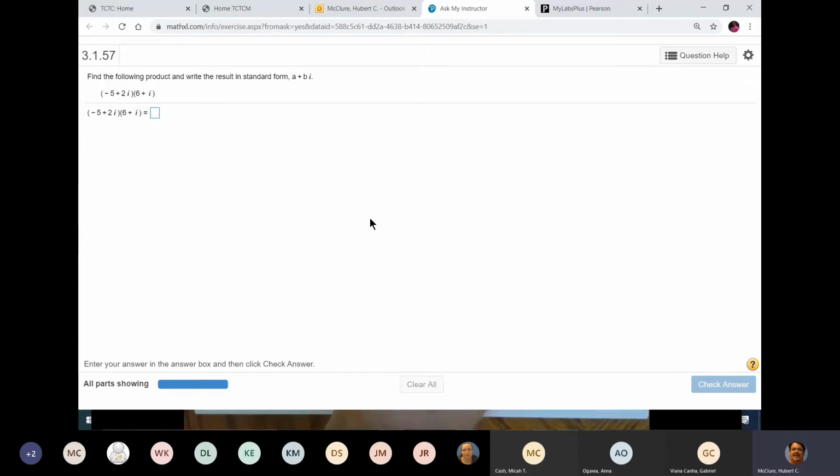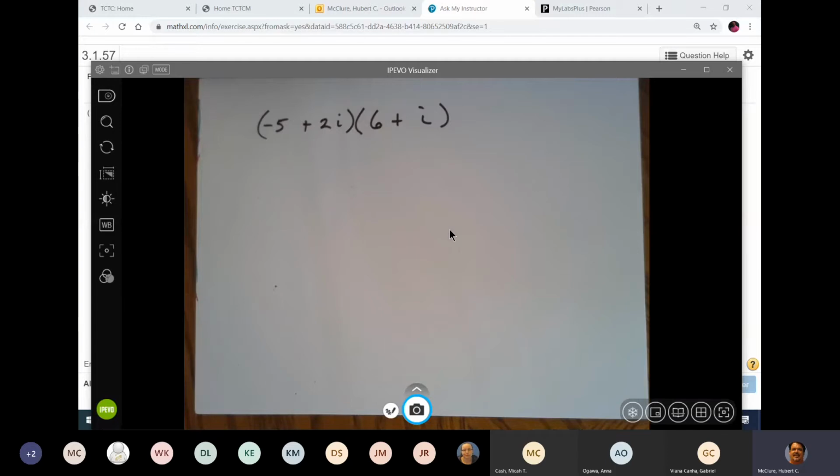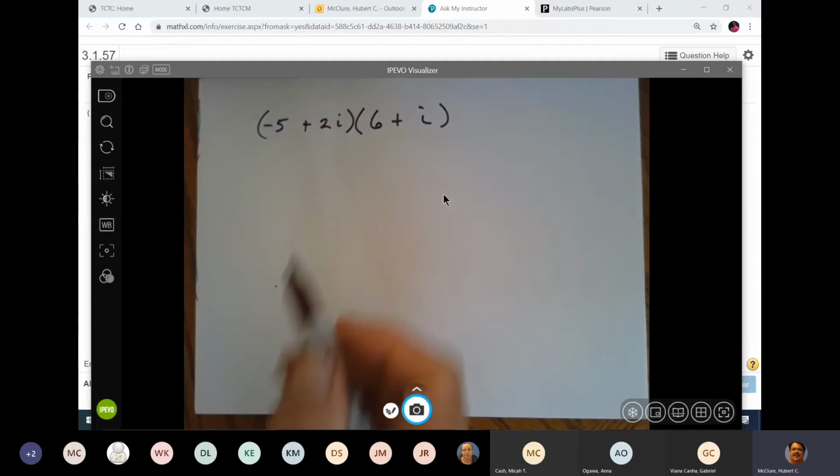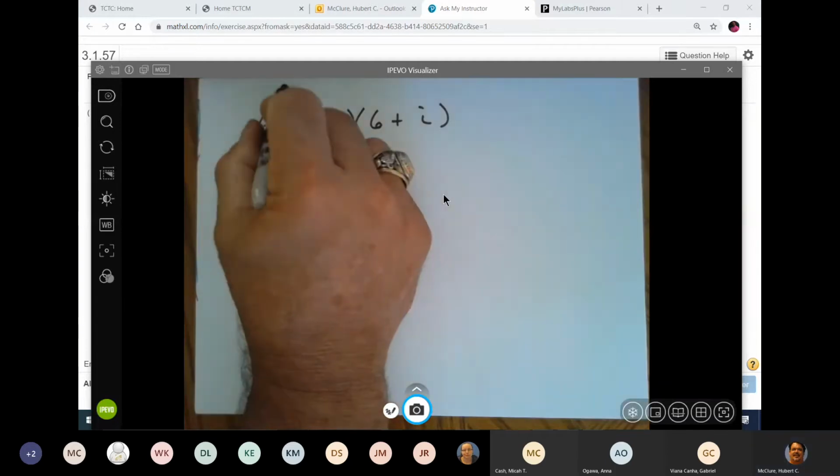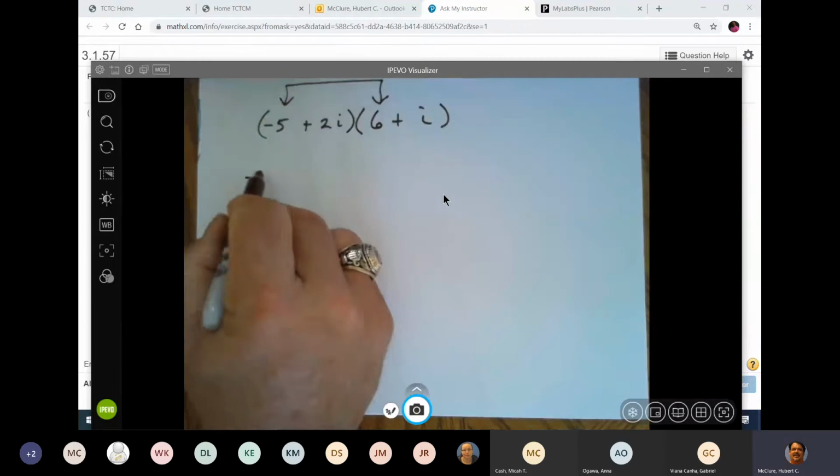So negative 5 plus 2i times 6 plus i. Okay, and I'm going to pull up my handy dandy FOIL method. First is negative 30.